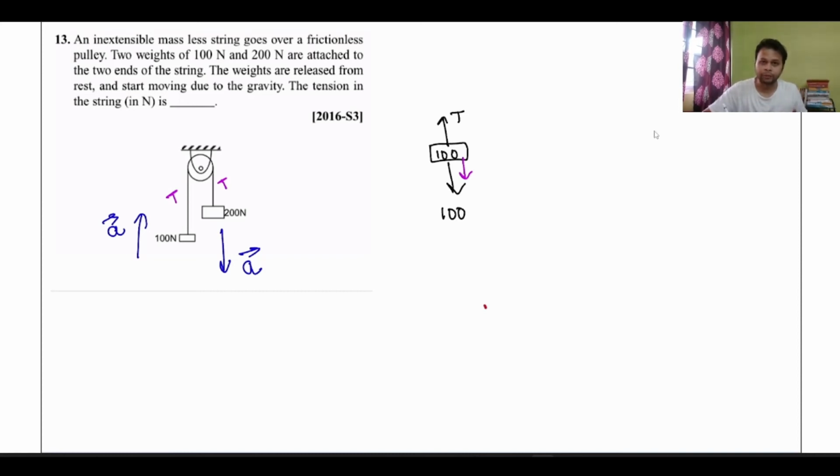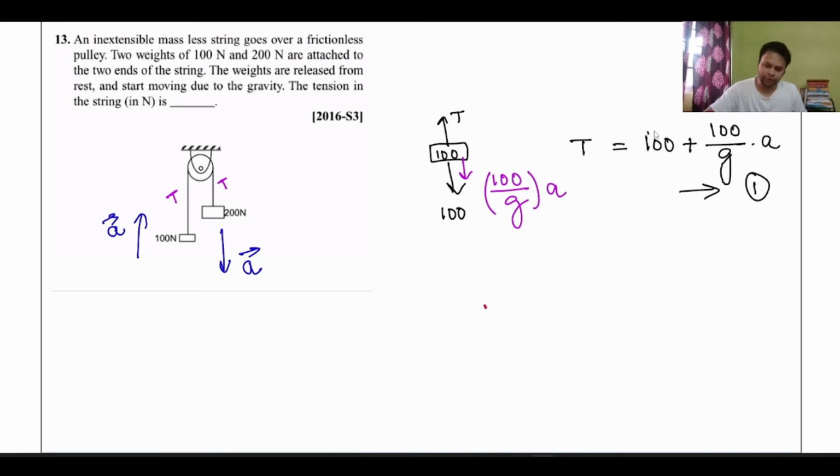What will be the mass? Mass is 100 by g, into acceleration a, right? So the equation is T is equal to 100 plus 100 by g into a. This is equation number 1.